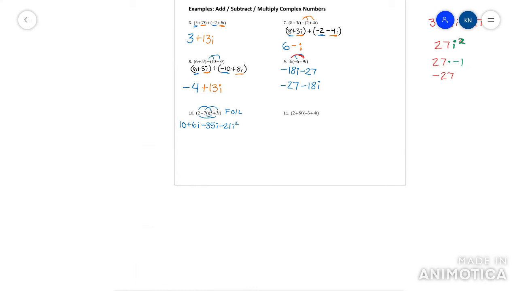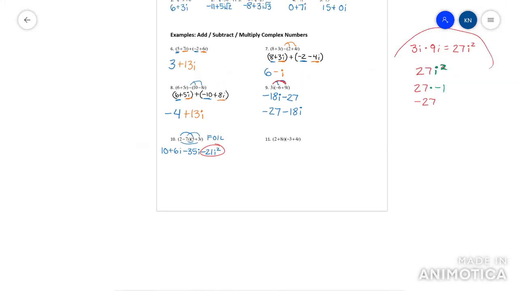All right, this negative 21i squared is just like what happened here. So basically, negative 21i squared, the i squared part becomes negative 1. So it's like it says negative 21 times negative 1, which is positive 21.